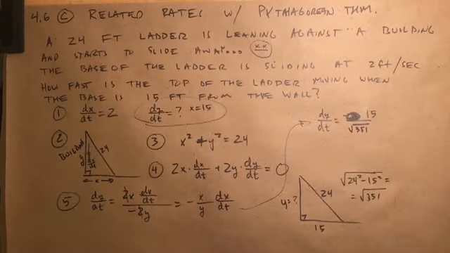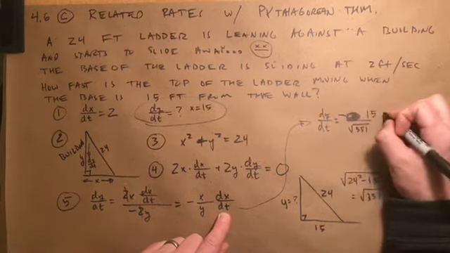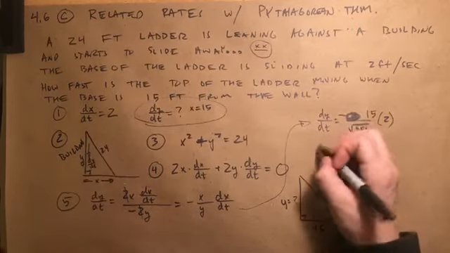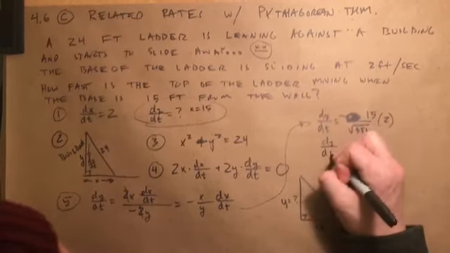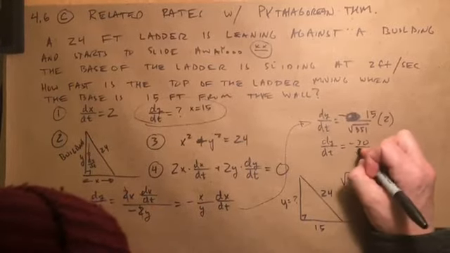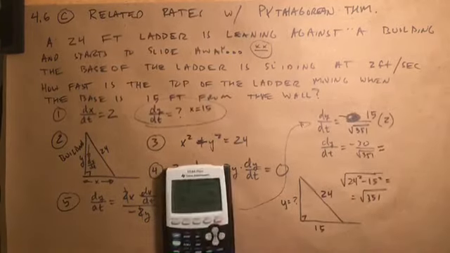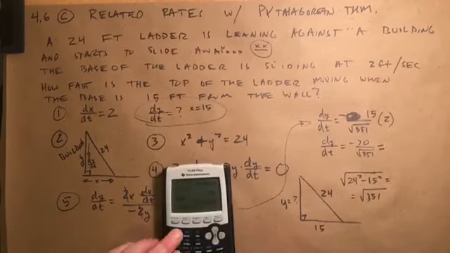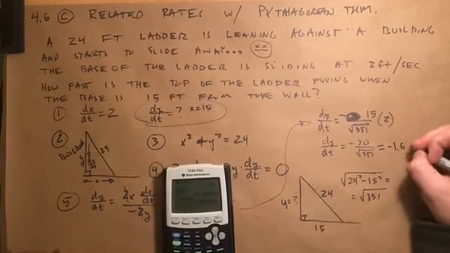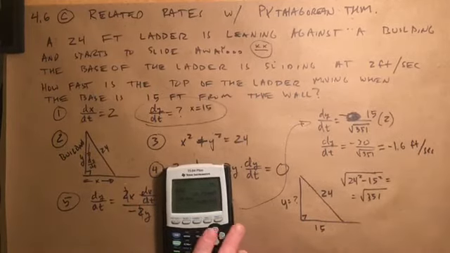The final move is to put in dx/dt, and that was still 2. And so dy/dt is equal to negative 30 over root 351. And if I wanted to quantify that, I could, and I would get approximately negative 1.6 feet per second.